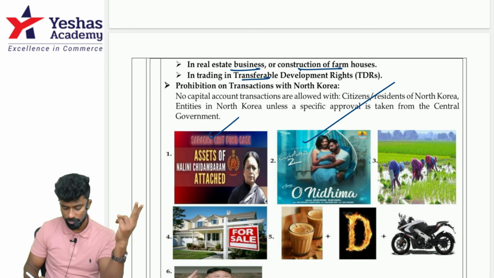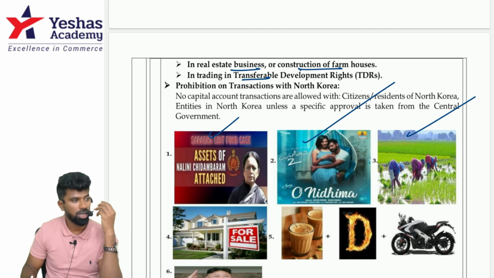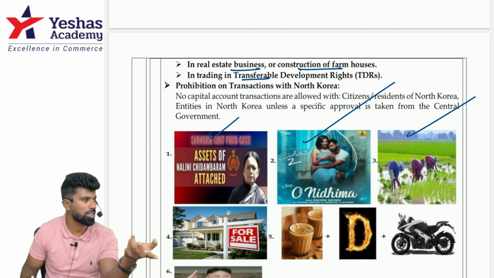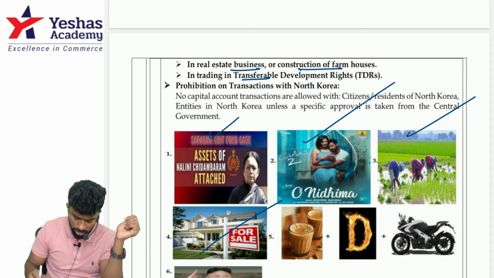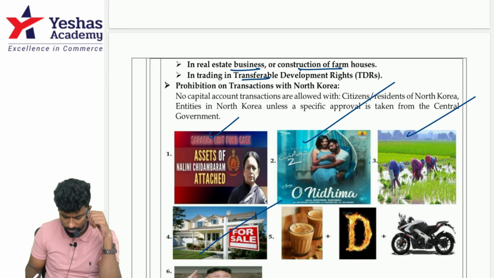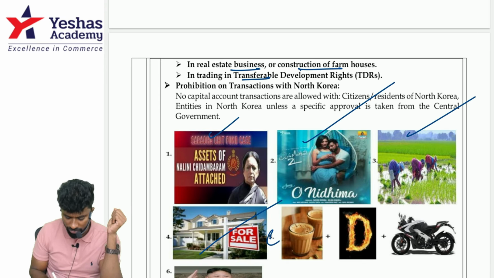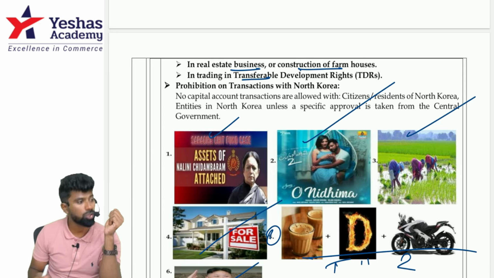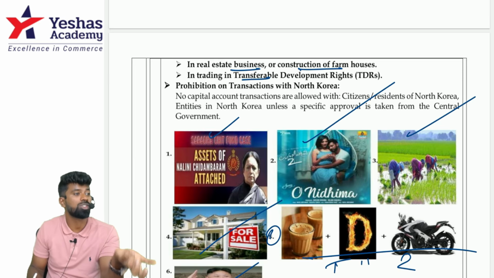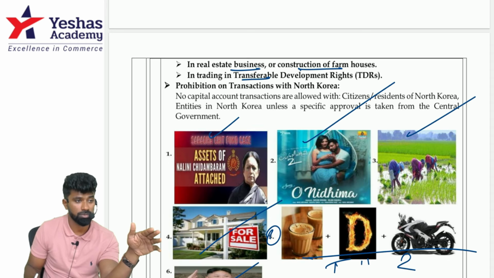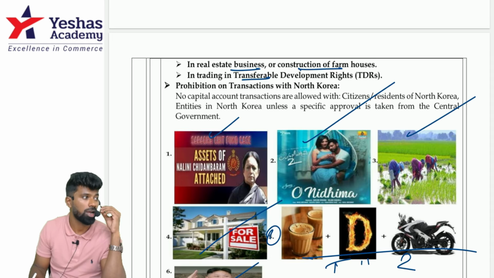Second one, third one: agricultural and plantation activities. Fourth one is real estate. Fifth one, TDRs. And the sixth one is North Korea. These are the prohibited capital account transactions.